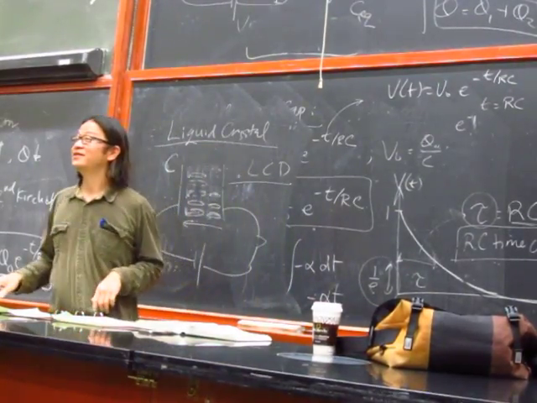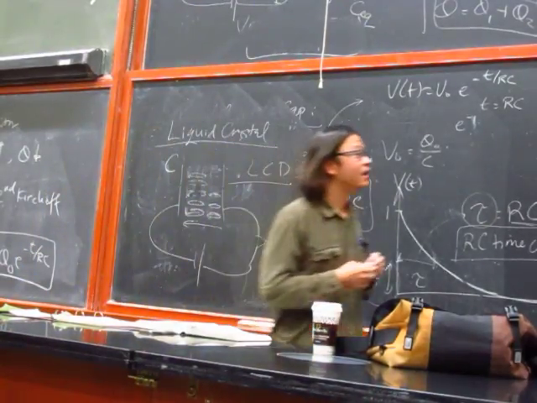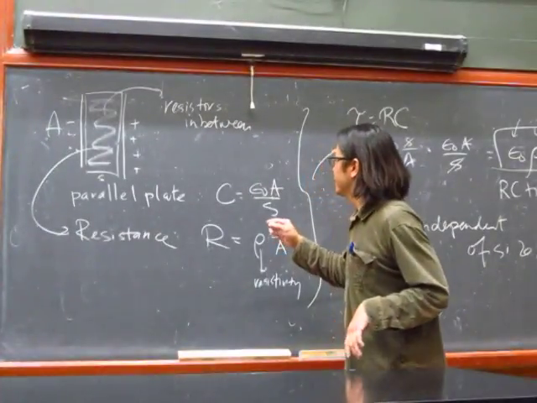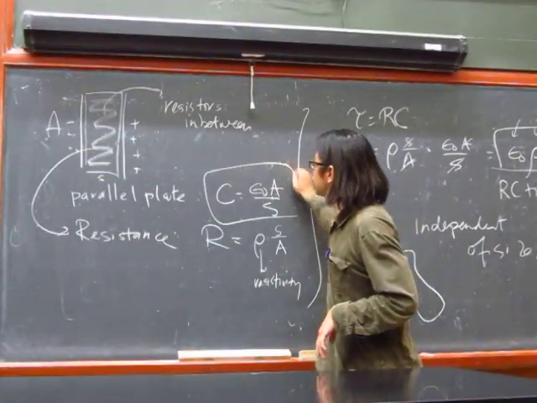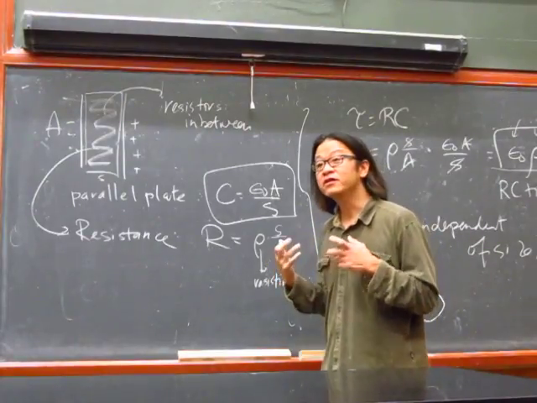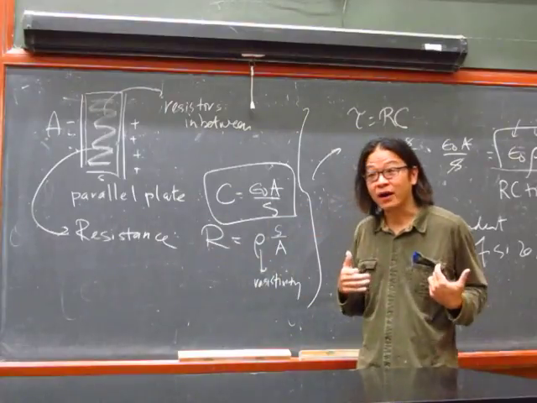Question: can you give a brief contrast between capacitance and resistance? Capacitance is the capacity to hold charges. It's conservative, so if I store a charge in a capacitor, I can always get it back.